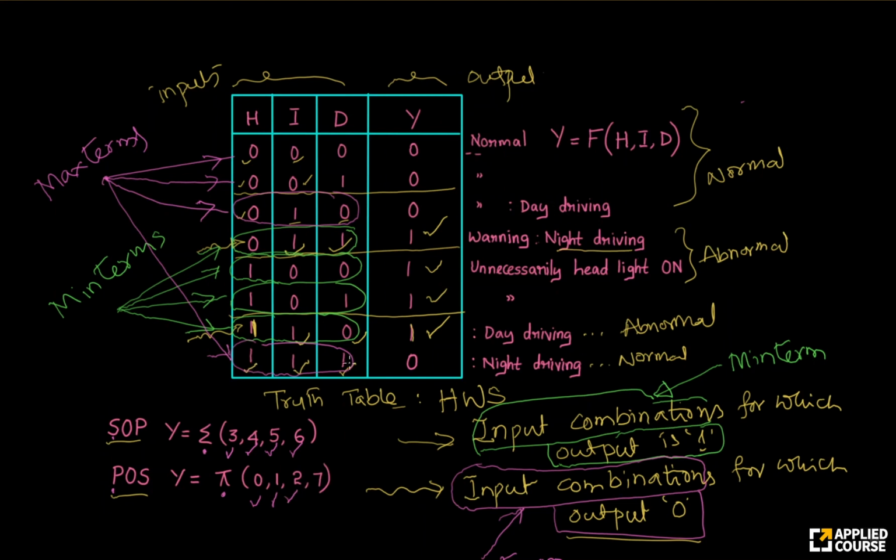And finally 111, for which output is 0. Binary 111 corresponds to the decimal value 7. Since it is a product of sum expression, you simply write it as pi of 0, 1, 2, 7.